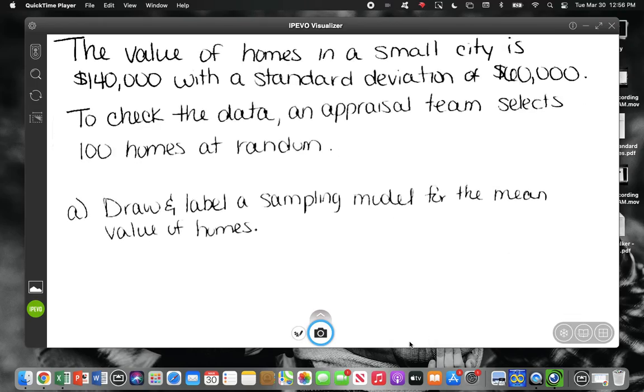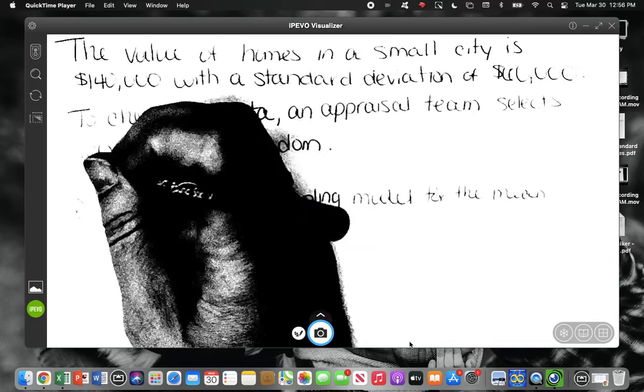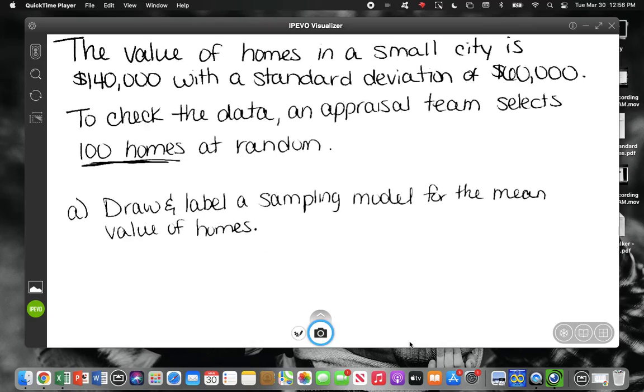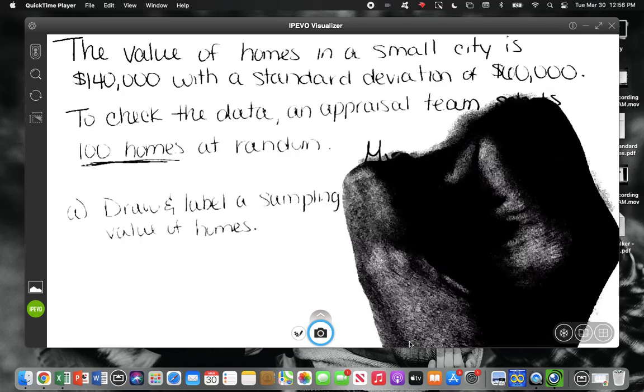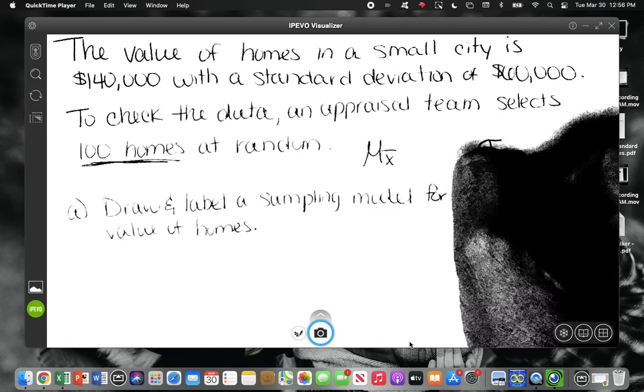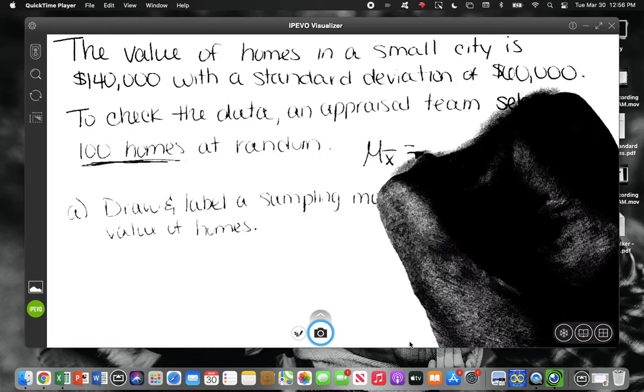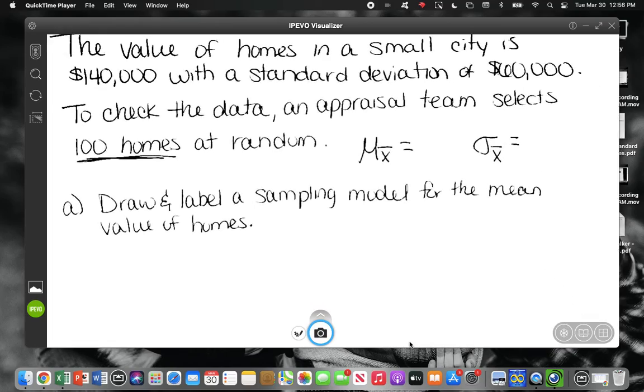So make sure we are using a sample size of 100 homes so we can assume that it's normal. Make sure you know your mean and your standard deviation for the sample before you make your curve. Make sure you find both of those first.